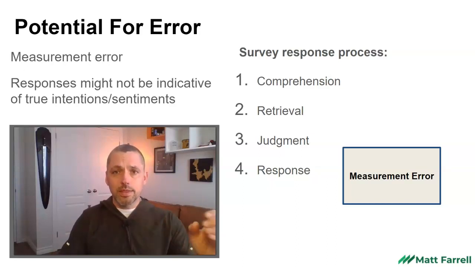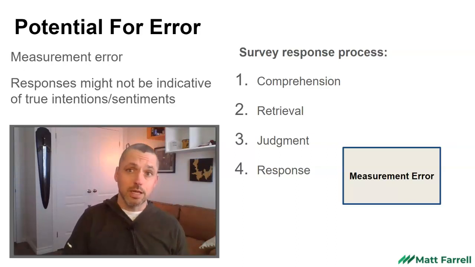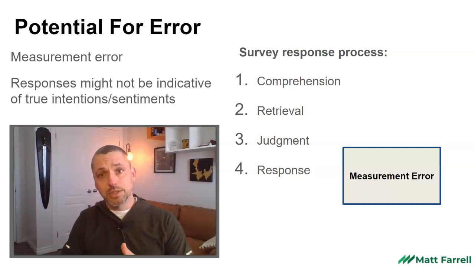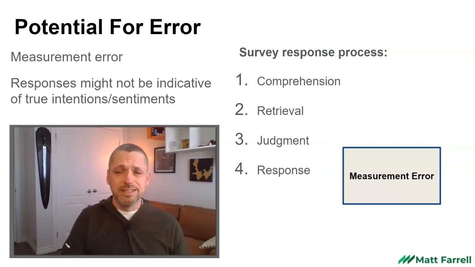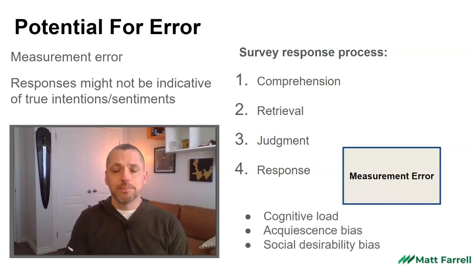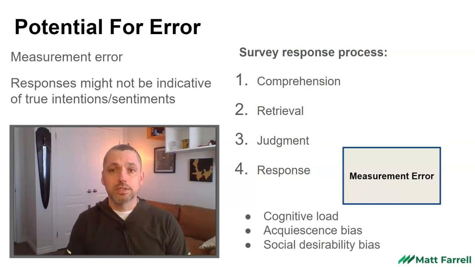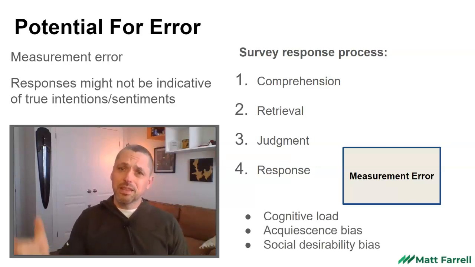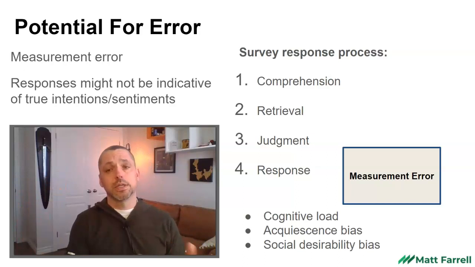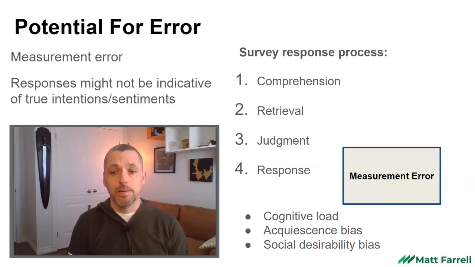And so within that process of trying to ask people their opinions about complicated issues and vote intention and whether they voted in the past, there can be errors made. And there's a few different types of error. One is cognitive load. If you're asking people extremely complicated questions that they might just not remember, that's going to give us potential for measurement error.